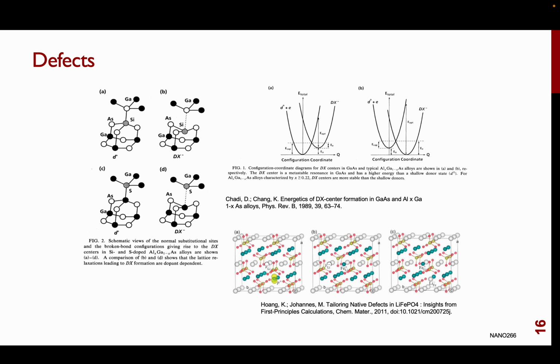In other words, they look at what happens when you put in sulfur or silicon defects in this aluminum gallium arsenide structure, and they look at essentially what are the energy changes as well as electronic structure changes as the result of these dopants. Okay. So you can actually look at what are the broken bond configurations because of all the sulfur and silicon defects, and correlate them to the features that you see in the DOS or band structure of the system. Okay.